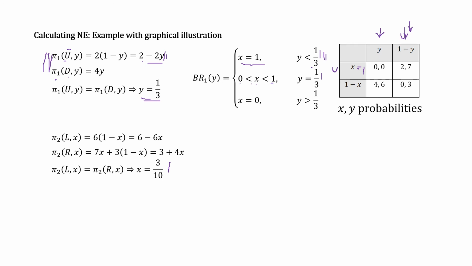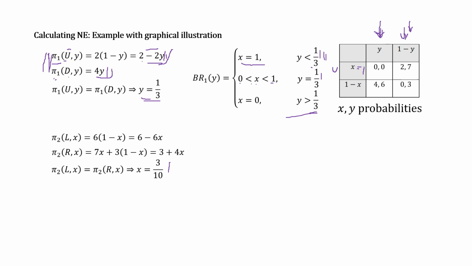Likewise, when y is greater than 1/3, left is being picked more often than at equilibrium. So now let's examine the payoffs. When agent 1 plays up, the payoff is 2 minus 2y, and the payoff when playing down is 4y. Since y is more than 1/3, 4y is more than 2 minus 2y.